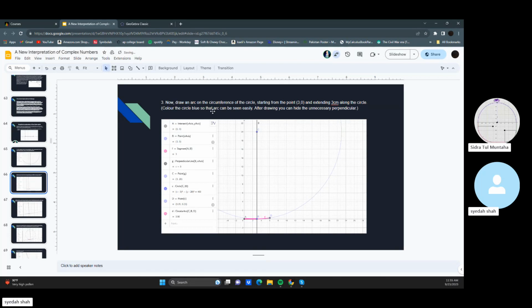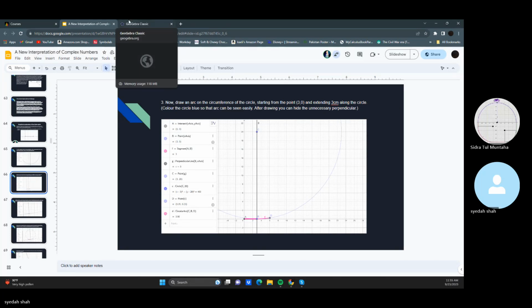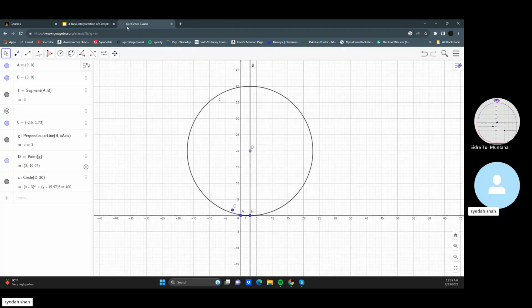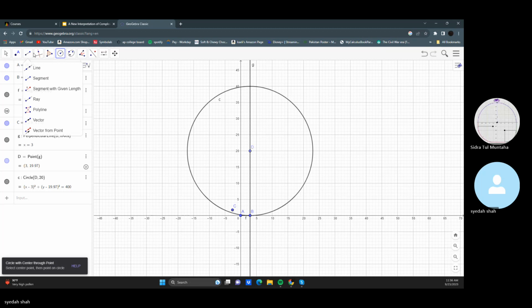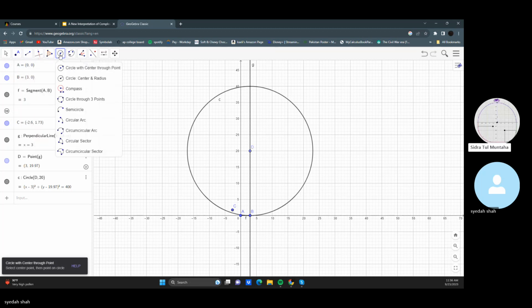Draw an arc on the circumference of the circle, starting from here. The arc length, yes, the circular arc.